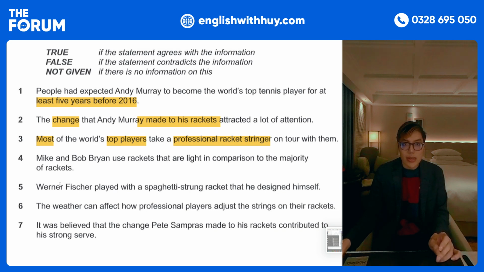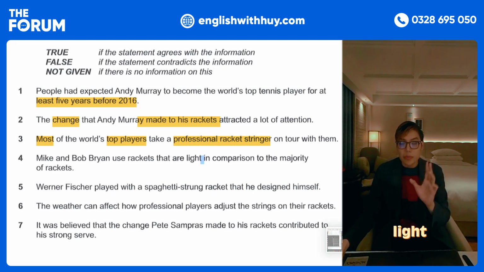Basically, this question is about the weight of the rackets of Mike and Bob Ryan. If it is lighter, the answer will be true. But if it is a little bit heavier, you would pick out the answer to be false. So when you take a look at this, it's very easy. Pick out this word light, and then you will also pick out a couple of keywords in order to identify the location of the fourth question.